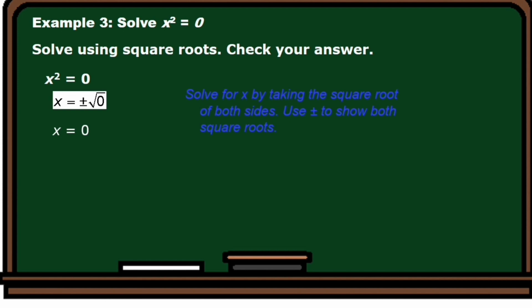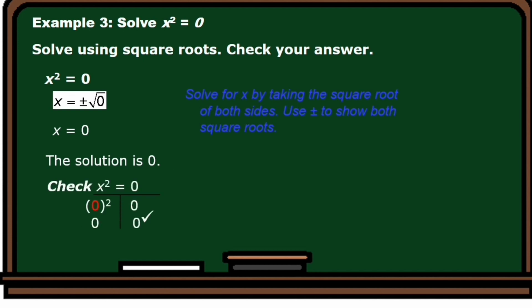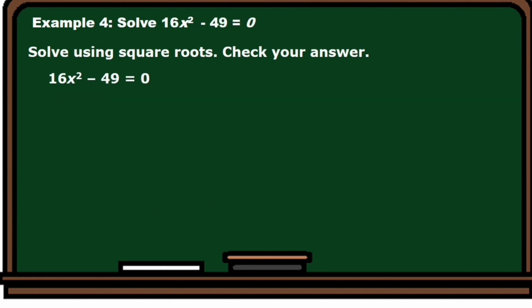Simplify it further, x is equal to 0. The solution is 0. Substitute 0 into the original equation and we will get an equal equation. It satisfies the equation.